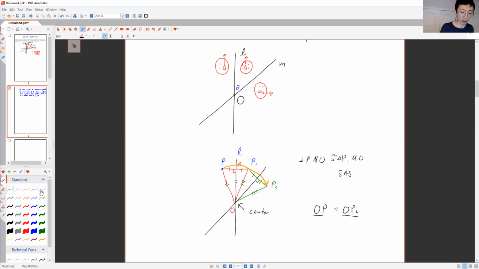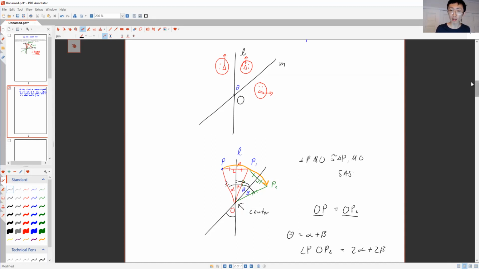If I call this alpha, and this is also alpha, and if I call this beta, then this is also beta. The angle between the lines was theta, so theta is alpha plus beta. And now we can see that angle POP2 is 2 alpha plus 2 beta. So the angle part of our theorem could be true.